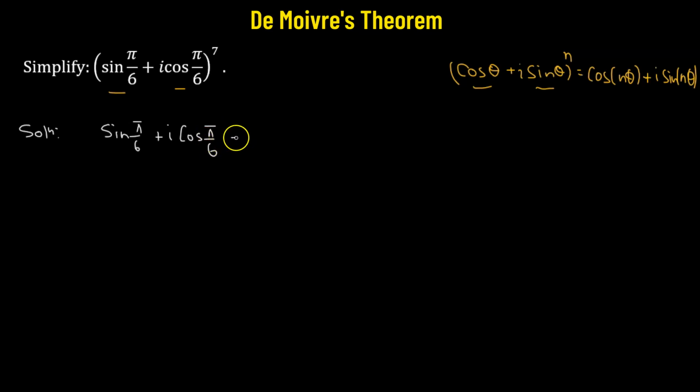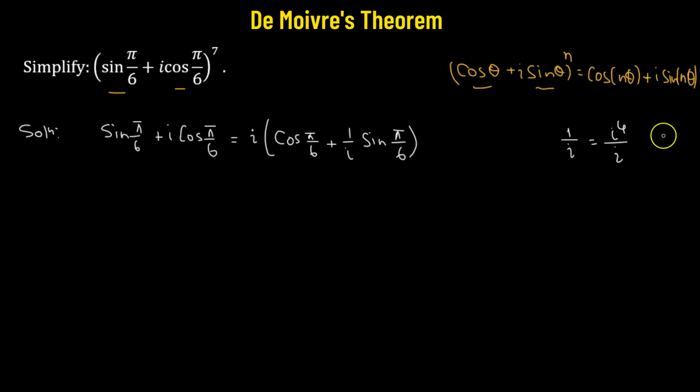So this is equal to, we'll take iota as the common factor. So that means we have iota times (cosine of pi over 6 plus 1 over iota times sine pi over 6). Now 1 over iota can also be expressed as iota raised to the power of 4 divided by iota, because we know that iota raised to the power of 4 is equal to 1.